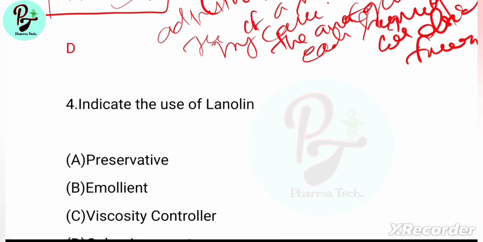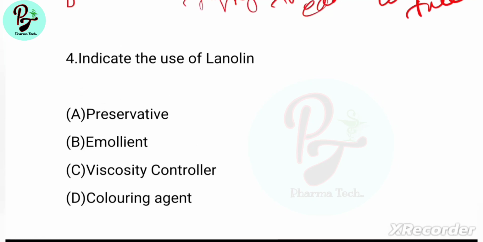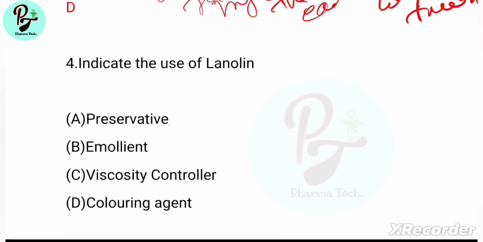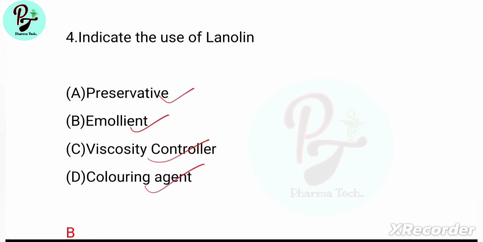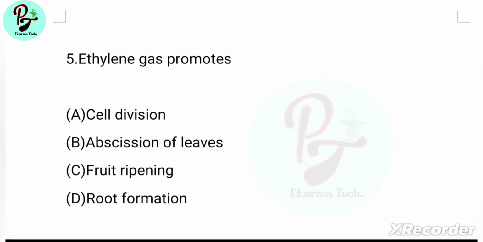Next question, question number 4: indicate the use of lanolin. Options are preservative, emollient, viscosity controller, coloring agent. Answer is B, emollient. Next question: ethylene gas promotes.